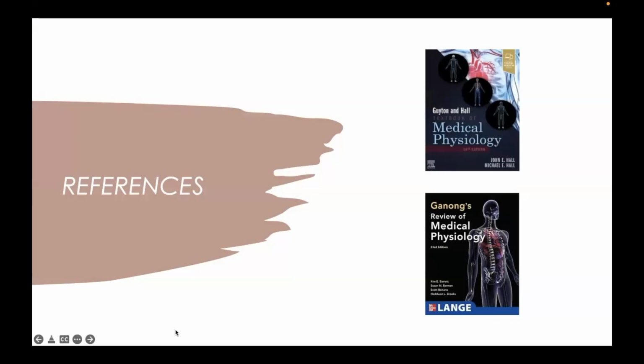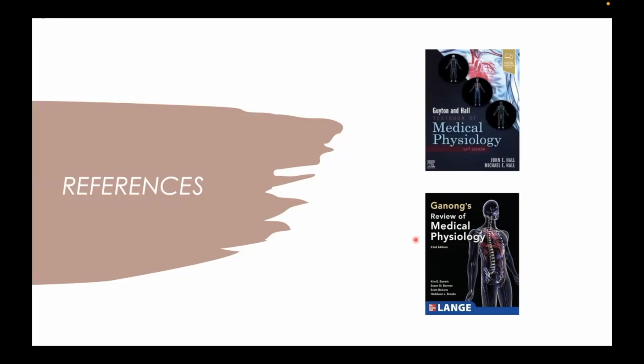Now, these are the following references which I will be using throughout the course of this module. So first, I will be using Guyton and Hall Textbook of Medical Physiology. It's actually both the 13th and the 14th edition. There's just some tables which I'm going to show you, which is not found in the 13th edition.